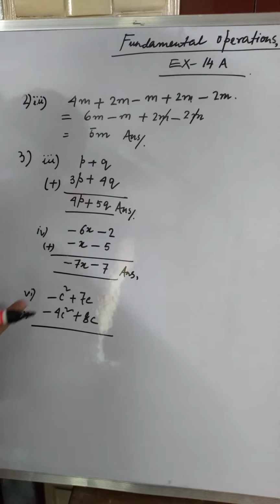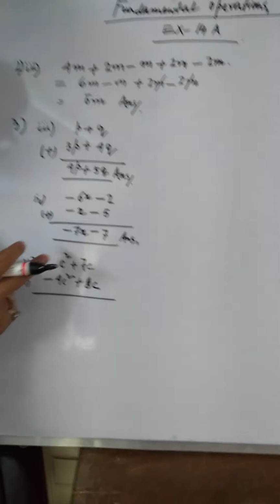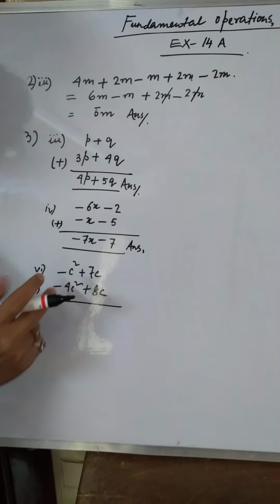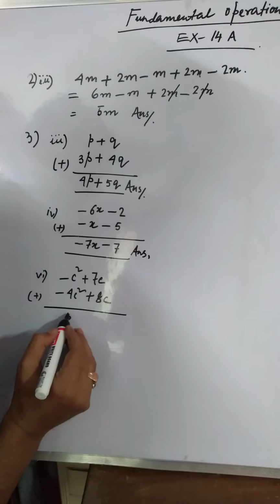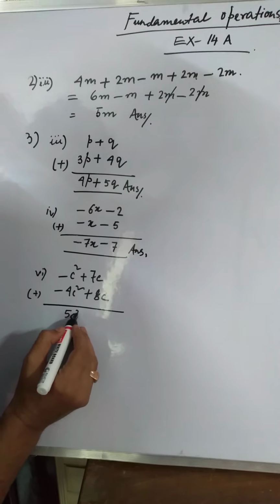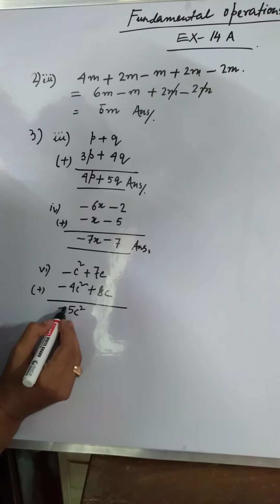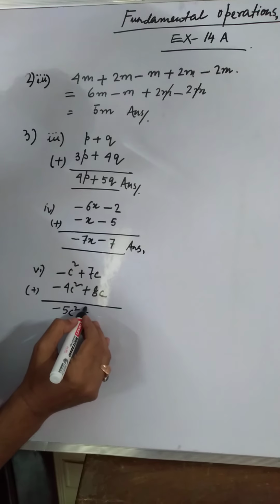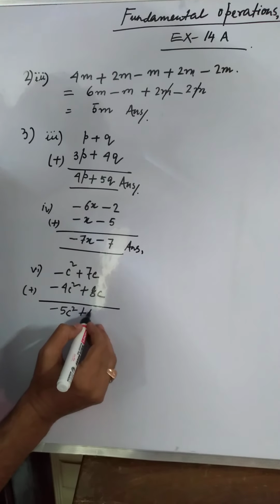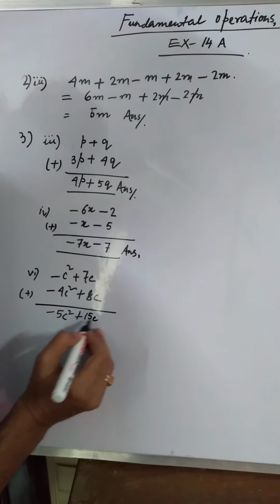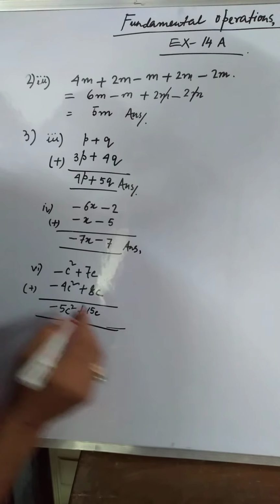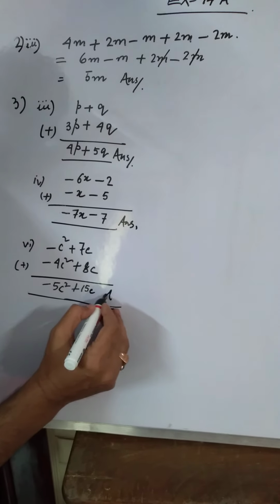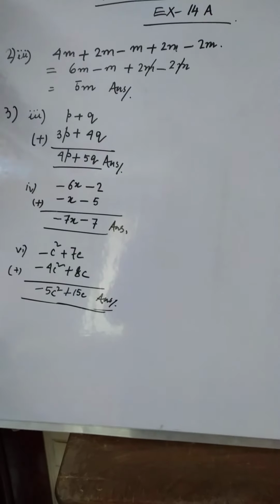In the similar way, when the two negative signs are lying side by side, or column wise, you have to add them. 1 plus 4, the result is 5. So 5c square, but the sign should be negative. And here is a simple addition. 7 plus 8, 15. And the coefficient is c. So the answer is minus 5c square plus 15c.